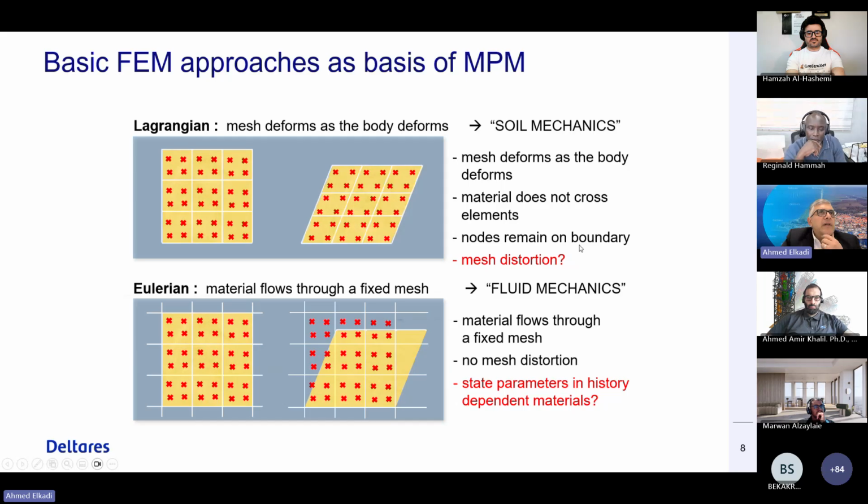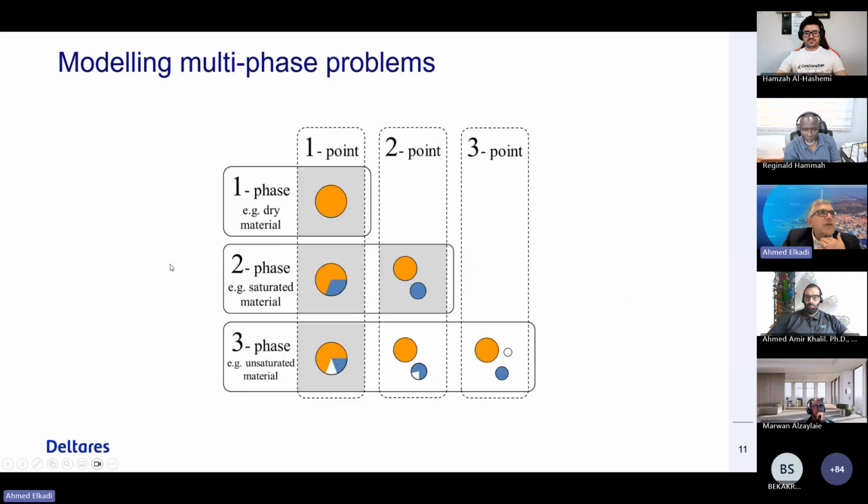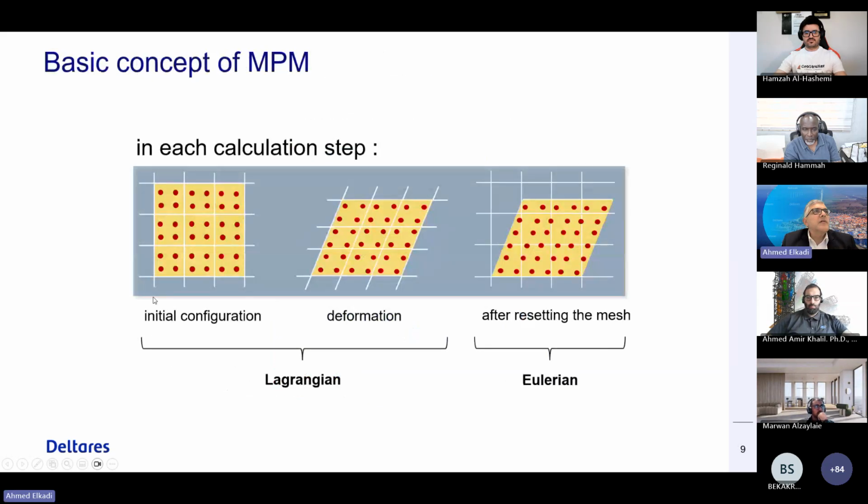Maybe it's a bit abstract what I say now. Just to illustrate, we have the initial configuration. So we have a grid and particles inside the grid.